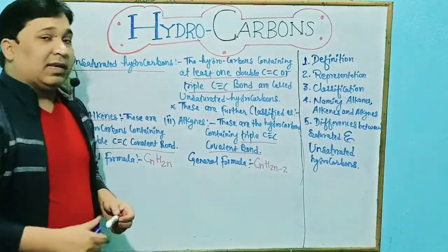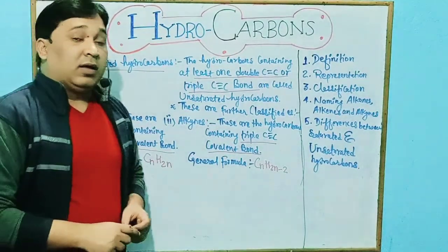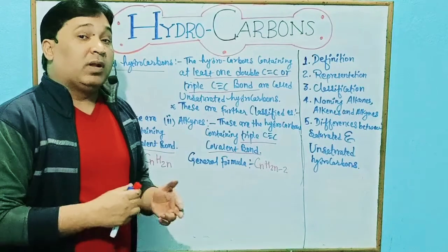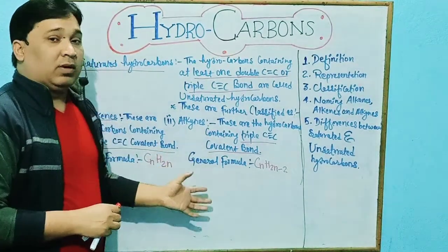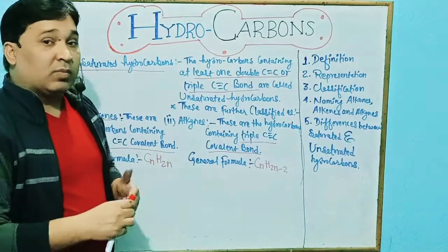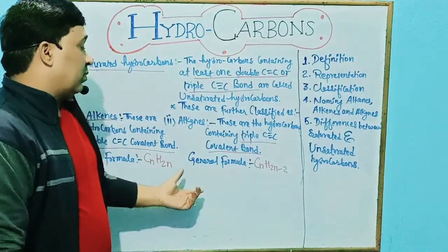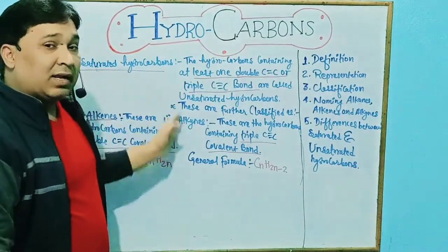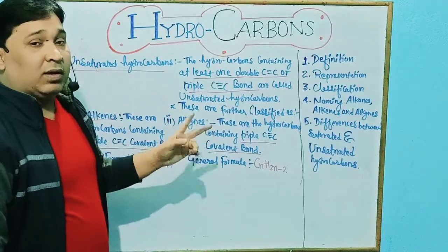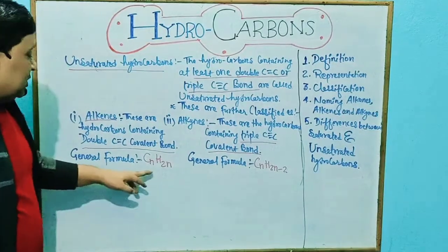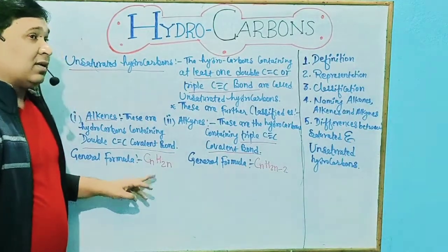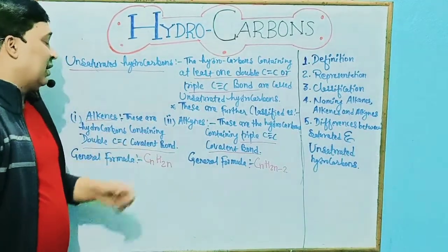These are the general formulas for alkenes and alkynes, right? They apply to hydrocarbons containing only one double bond or only one triple bond between two carbon atoms, not more than that. Using these formulas, you can write the molecular formula of alkenes and alkynes.